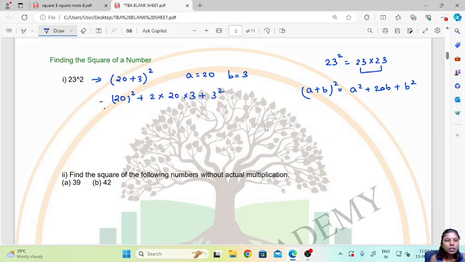Now 20 square will be 400, plus 60 into 2 is 120, plus 9. So this total will be 529. This way you can use this formula, (a plus b) the whole square, to find the square of a given number.